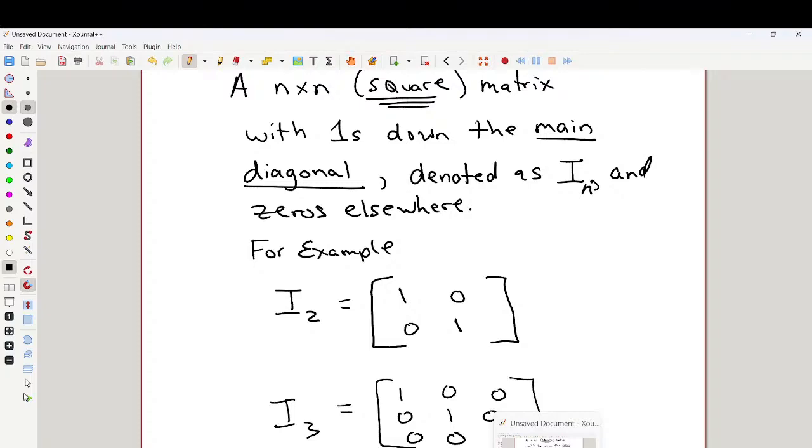So matrix A times its identity equals itself. We'll keep that there for a minute. Well, how did we find the inverse? I'll just keep this right here.